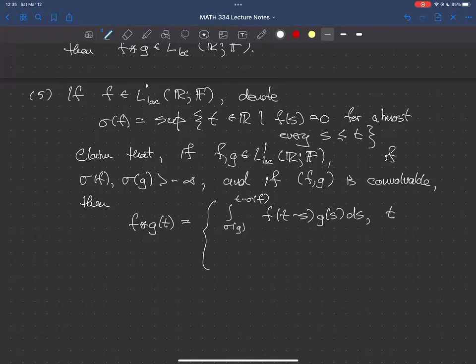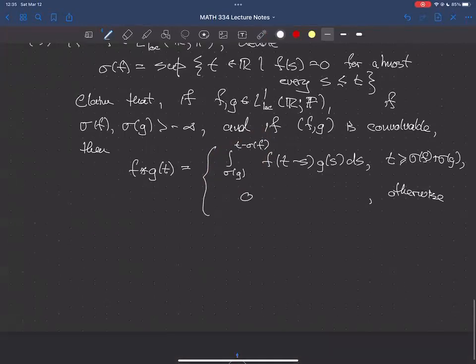Okay, and this is true when t is greater than or equal to sigma of f plus sigma of g, and it's 0 otherwise. Okay. All right. So let's see why that might be true, because this is weird and a little bit confusing. And one of the main consequences of this is that the convolution integral in this case is done over a compact set of times. Okay.